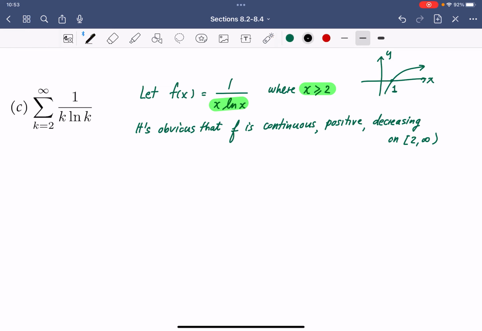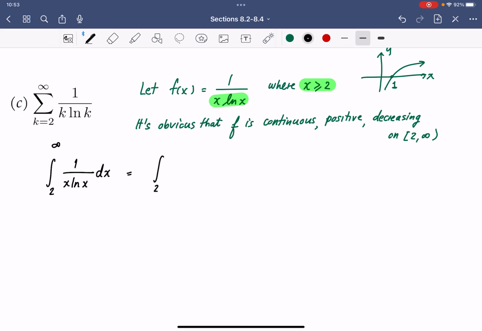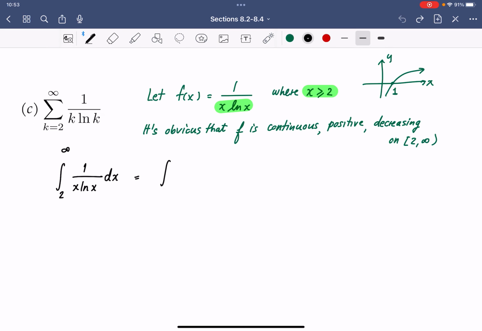Now, let's integrate from 2 to infinity of 1 over x log x dx. This one has no formula for you, but you can do u substitution. Let's do the limit first. So you switch infinity to t, and then you take the limit as t goes to infinity. Okay, let's do it on the side.